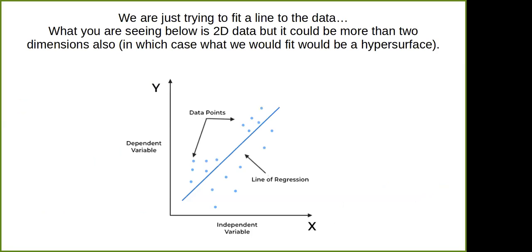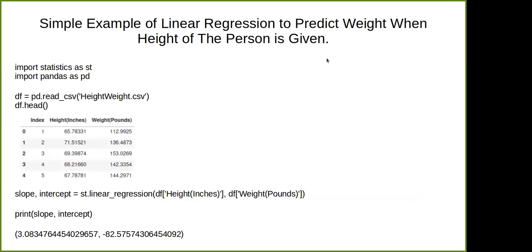If it is 2D data, then regression would produce a line. If it is 3D data, regression would produce a plane. If it is more than 3-dimensional data, then it would produce a hypersurface.